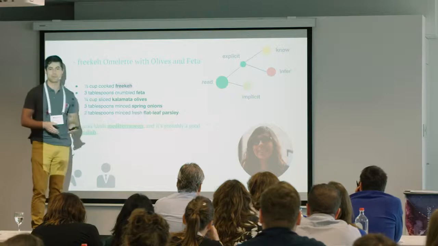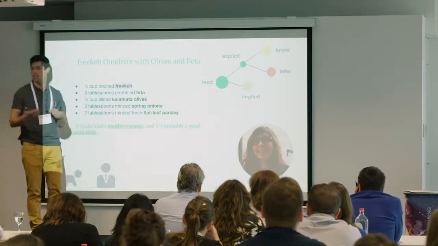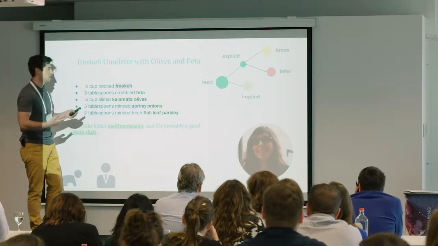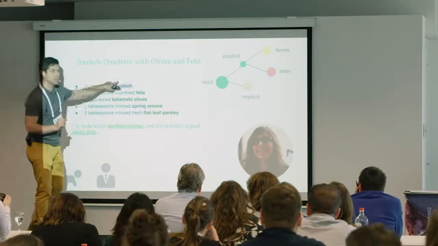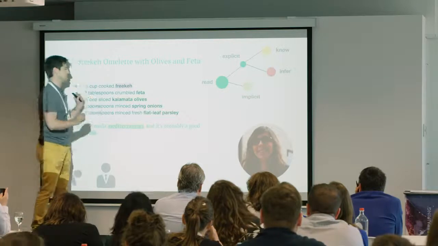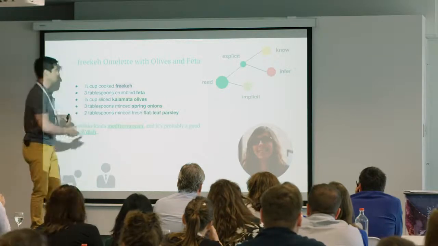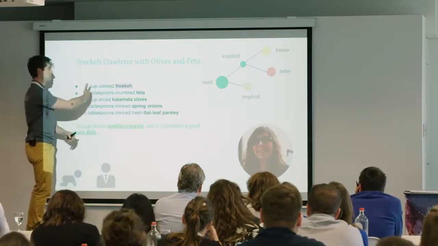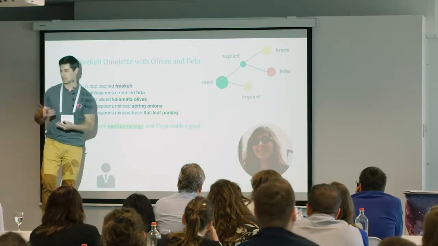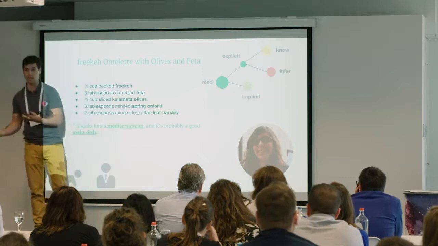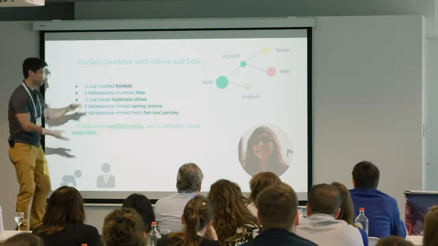But frikkeh, she had never seen before. She didn't know it was an ingredient. Still, she's very smart, and she was able to infer that frikkeh is probably an ingredient in this sentence, because after something like 1.5 or half a cup of cooked something, that something is often going to be an ingredient. So that's the explicit part.